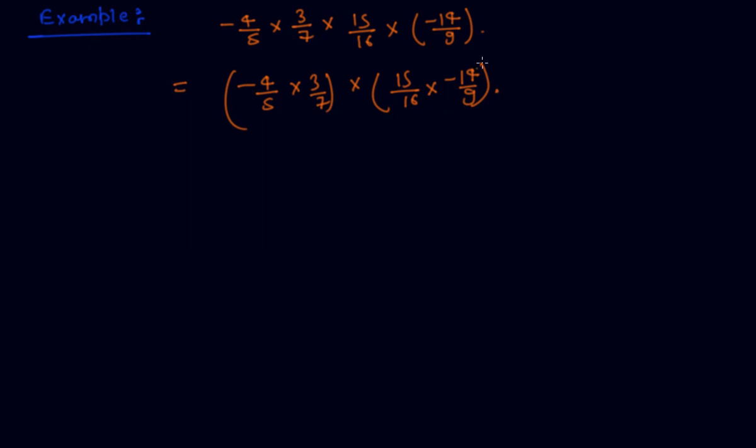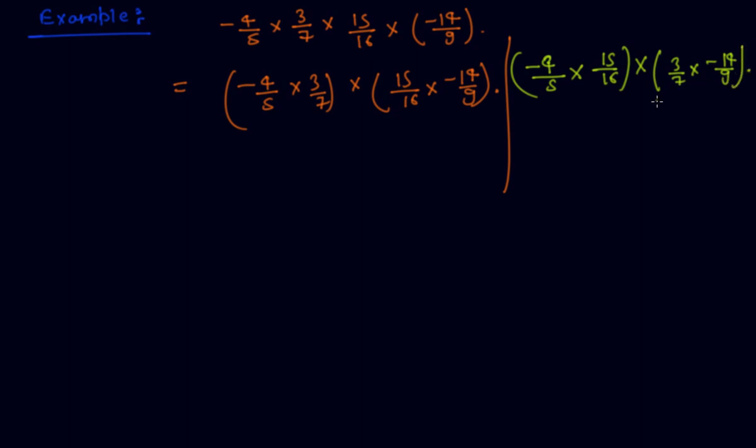This is one way to solve this. Or we can take another form, taking the other pair: minus 4 by 5 into 15 by 16, into 3 by 7 into minus 14 by 9, using the commutativity and associativity properties.